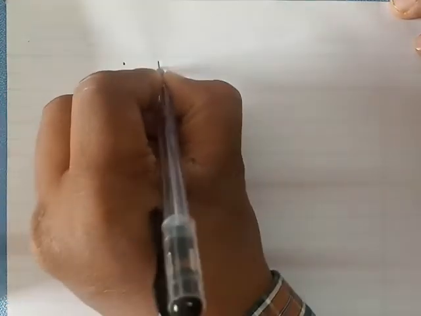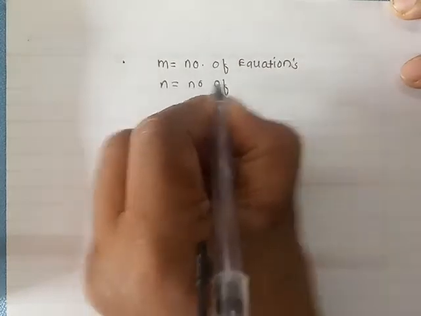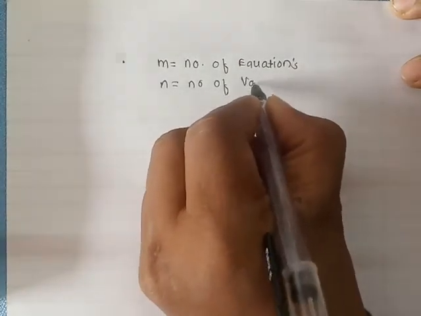Now we have a figure that shows a summary about the system of equations. Suppose m is the number of equations, and n is the number of unknowns or variables.